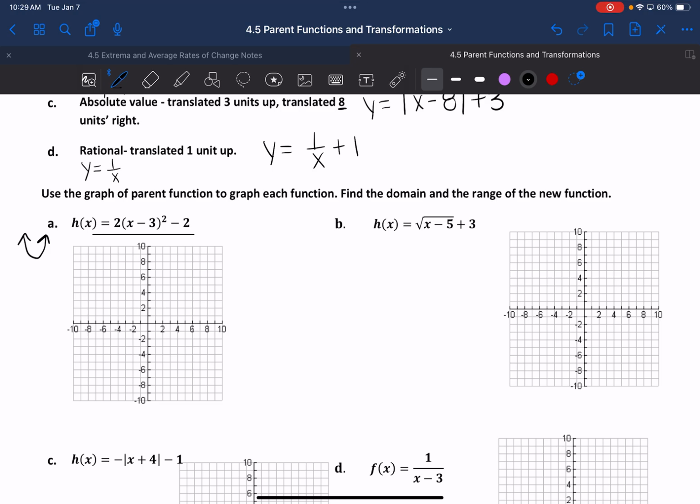Okay, so instead of starting at 0, 0, we know that our graph tells us we're going to shift down 2, and to the right 3. Okay, so I'm going to go down 2 and right 3, and that's going to be like my new 0, 0.